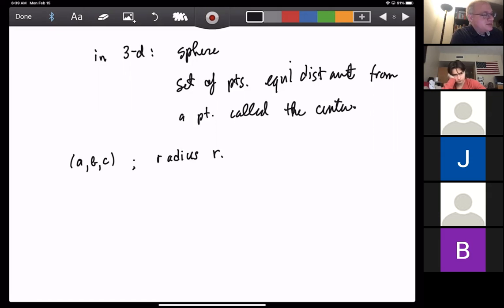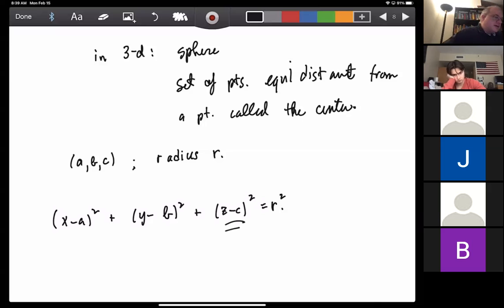If we just use the distance formula in 3D again, we get this equation. Okay, so it looks very much like the circle. We just have this extra term. That extra term makes this a sphere.